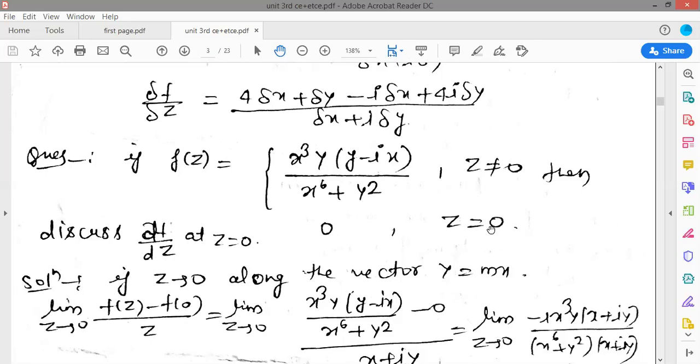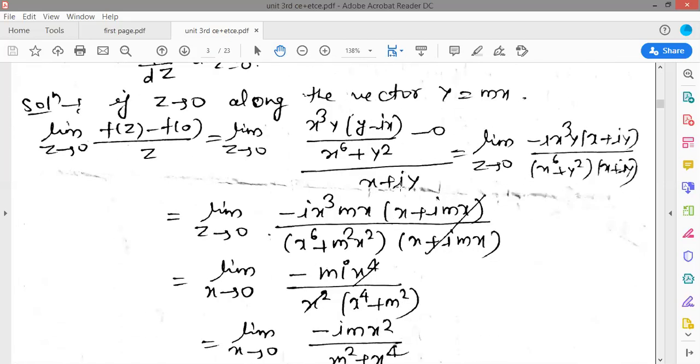f(0) means f(z) at 0. So this value is 0. So put here 0 upon z, this one z upon x + iy. Now the limit as z tends to 0 of −ix³y over (x + iy) times this value. Now first we check along the path y = mx.